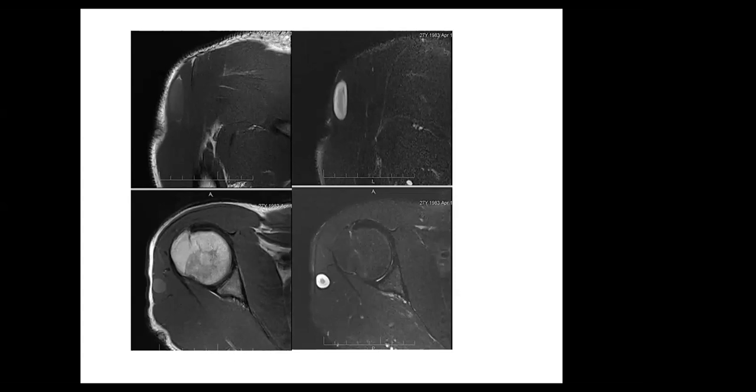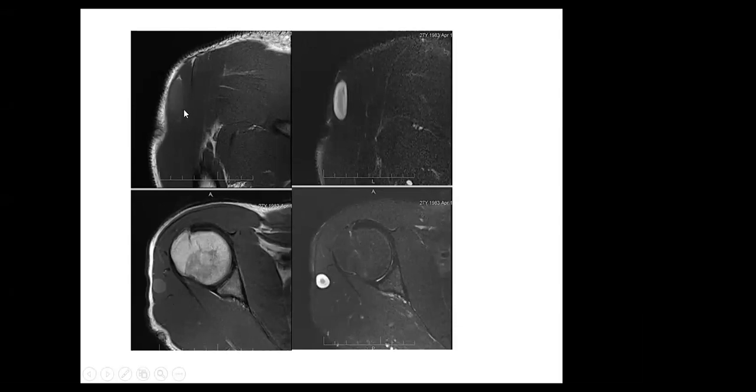So we will say this is an oval-shaped soft tissue lesion situated in the lateral fibers of the deltoid muscle, which demonstrates slightly hyperintense signal intensity to the muscle on T1, and it is hyperintense on the T2 fat-saturated sequence with central low signal intensity, giving it the target sign appearance.